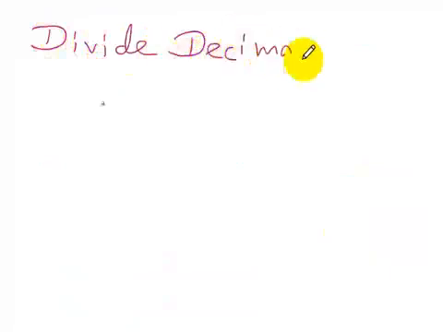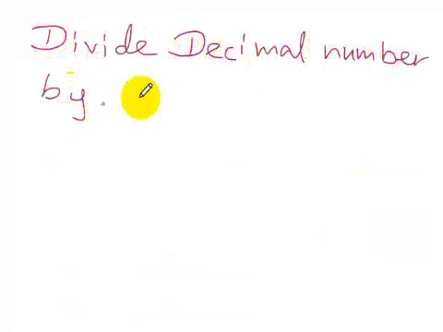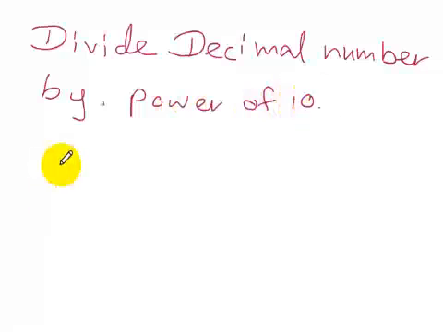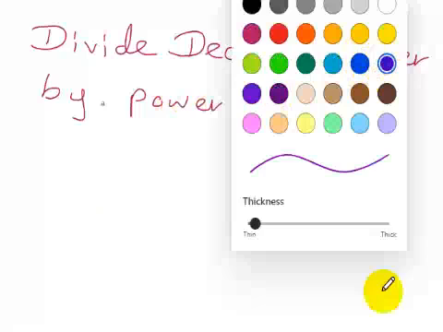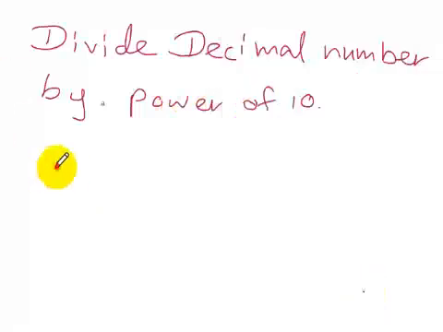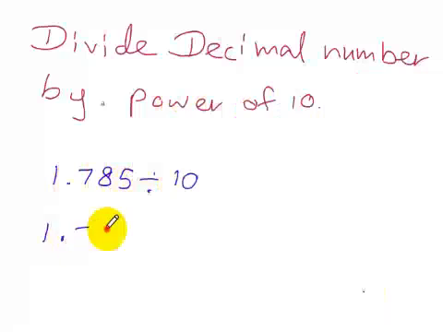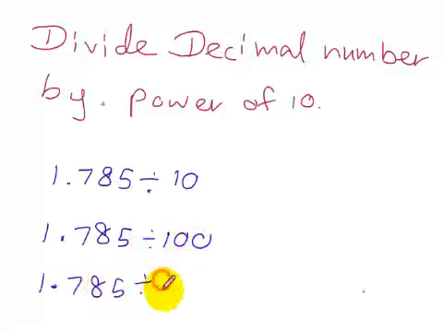I will give some examples. Divide a decimal number by a power of 10. 1.785 divided by 10, 1.785 divided by 100, 1.785 divided by 1000.